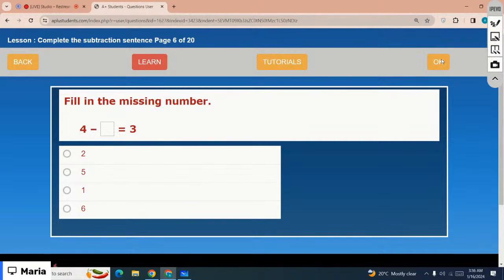Yes, that is 4 take away 1 equals 3, right? The correct option is 1.